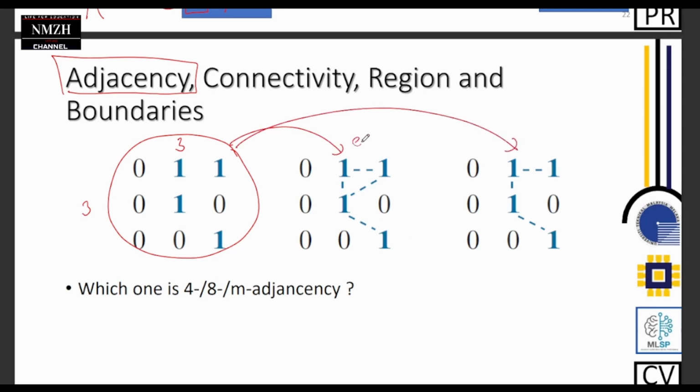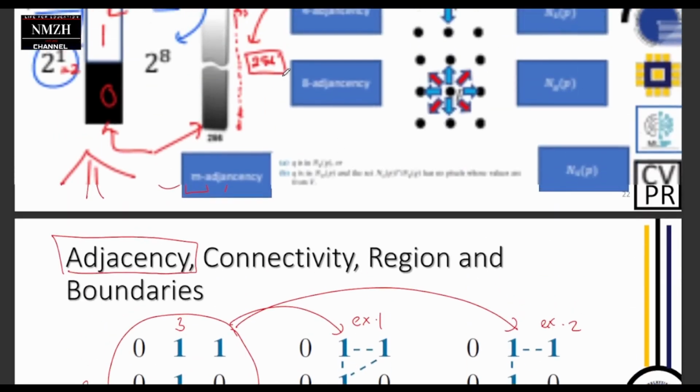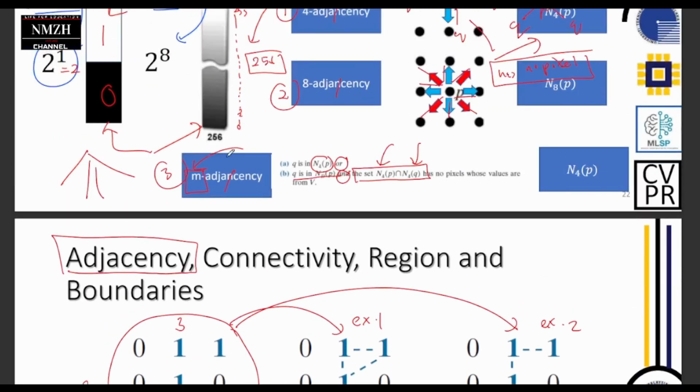This will be example number 1 and this one is example number 2. Which one is 4, 8 or m adjacency? I think you would understand what we have over here: 4, 8, and m.